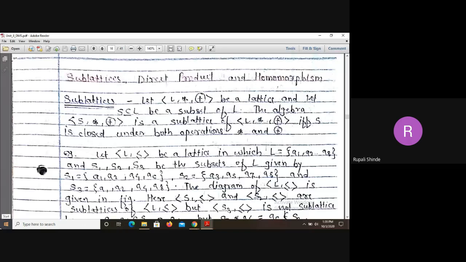We have seen what is the meaning of closure property in unit number 6. So what is closure property?